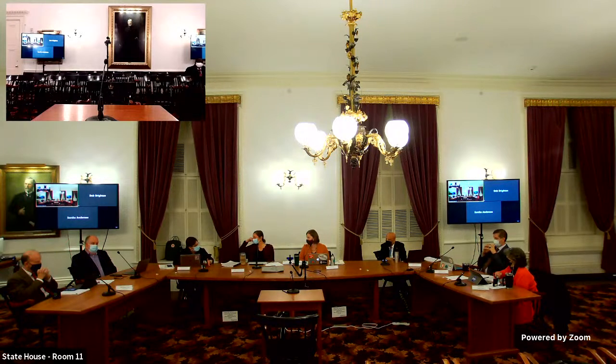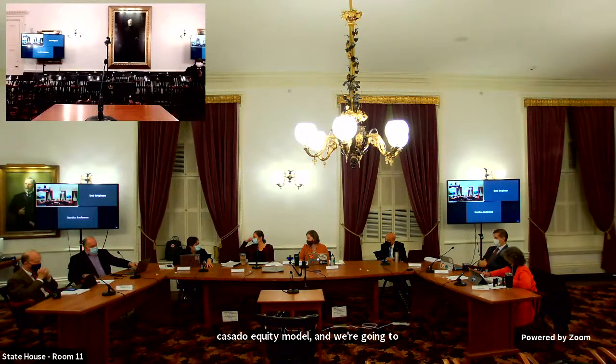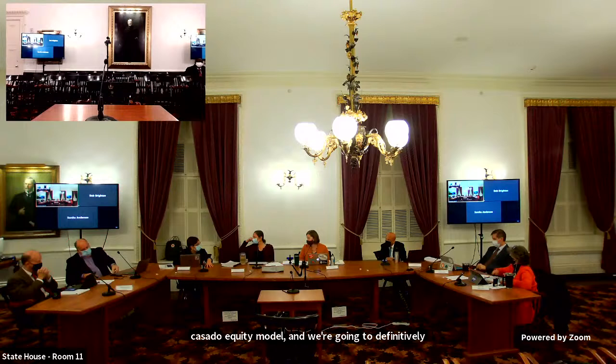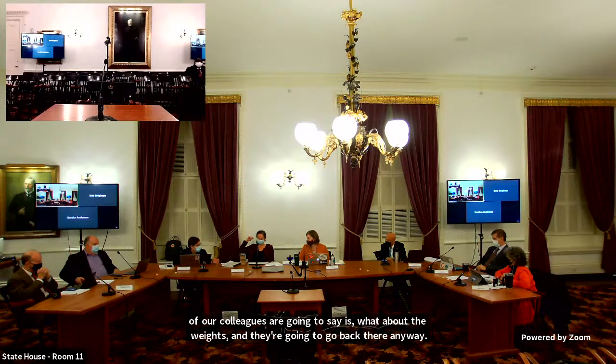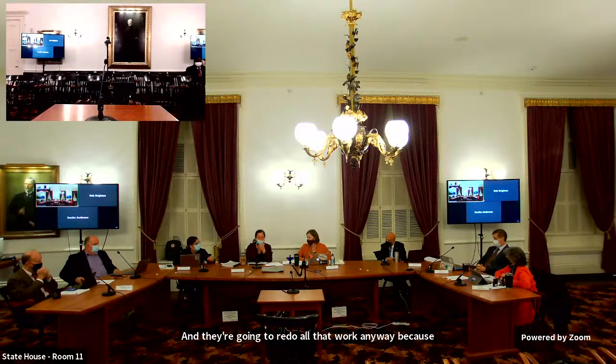Because if we deliver an action plan that says, we've done all this work and we've come up with this cost equity model, and we're going to definitively recommend this, I think the very first question that most of our colleagues are going to say is, what about the weights? And they're going to go back there anyway. And they're going to redo all that work anyway, because we didn't lay it out. So I hope that was more clear about where I'm coming from.